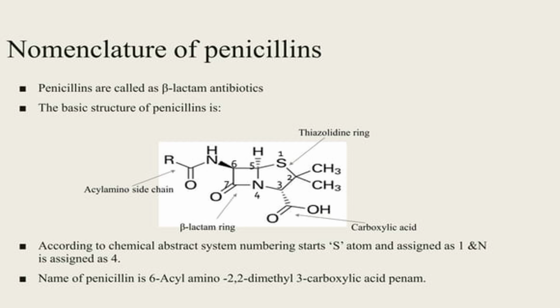Now according to the chemical nomenclature system, sulfur is assigned the number 1 and nitrogen the number 4. So the name of this penicillin structure is 6-acyl amino, 2,2-dimethyl, 3-carboxylic acid, and this particular ring is known as the Penam ring.